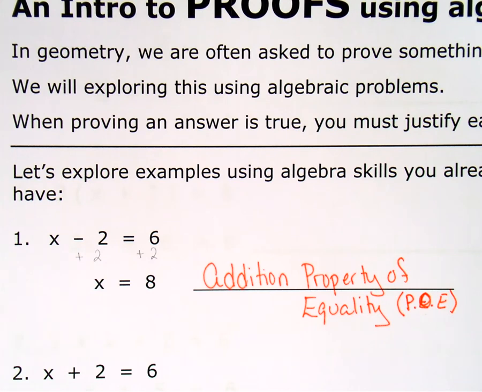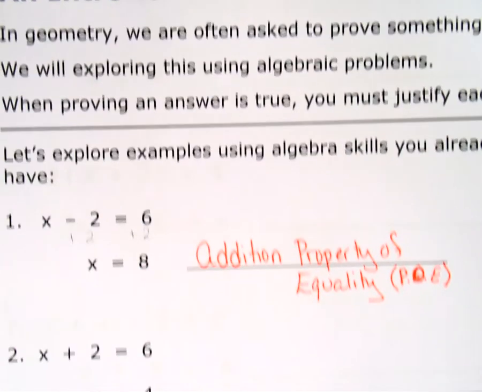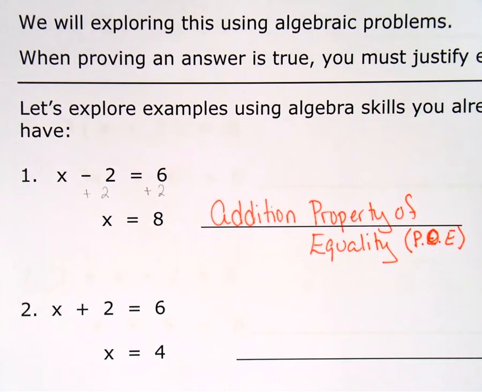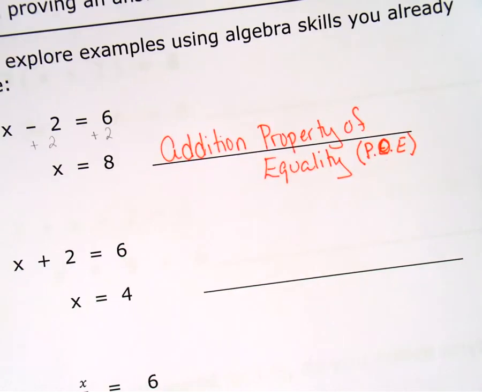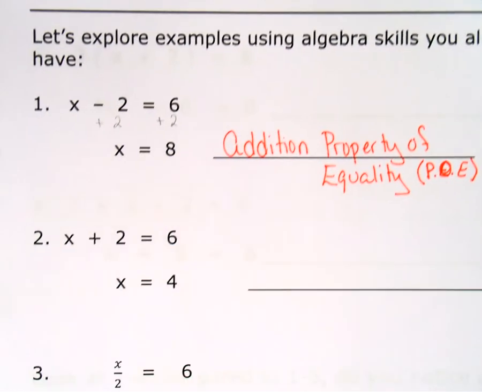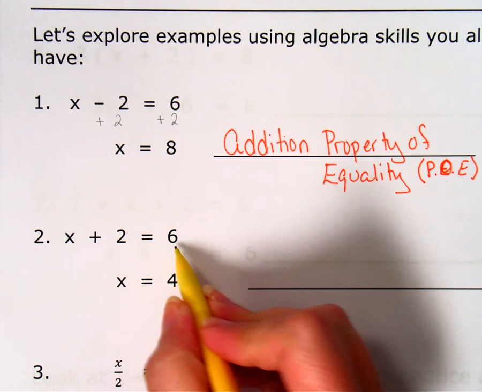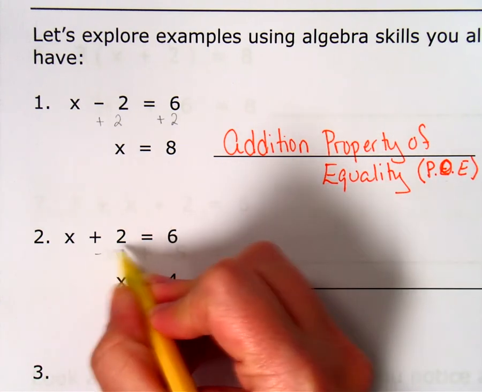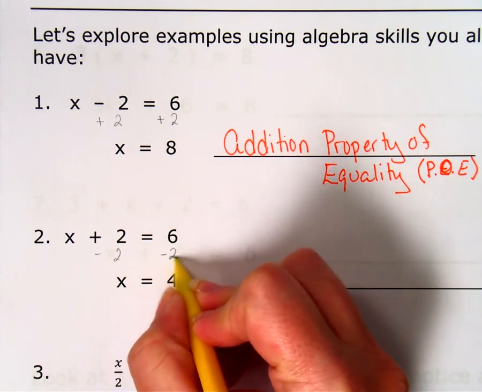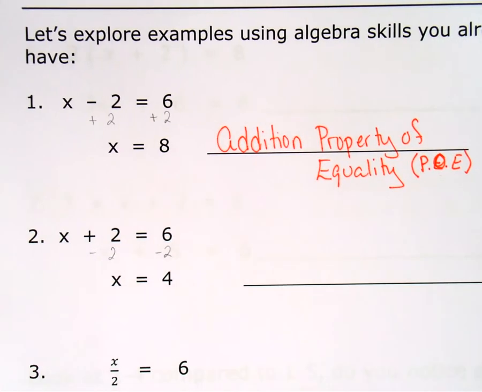When I look at the next one, I see x plus 2 equals 6, and I want to prove that x equals 4. How did I get from that to x equals 4? I know that this 2 moved to the other side by subtracting on both sides. So guess what we call that?